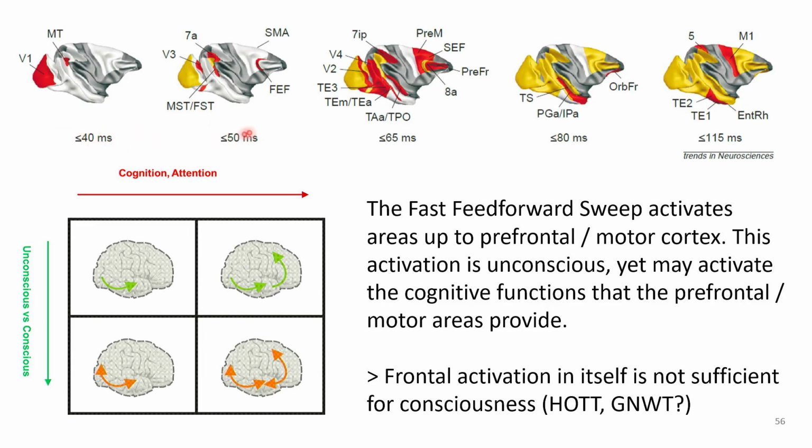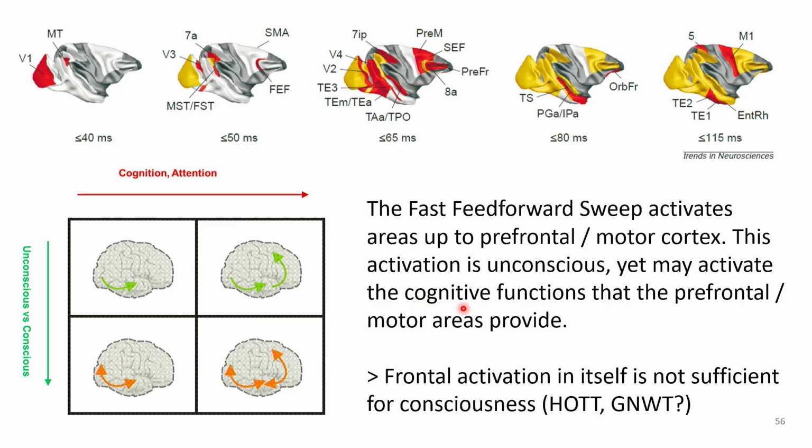The difference between this and this, 10 milliseconds, is only one spike of an action potential of a neuron. So no way this can be done by horizontal or feedback connections. Has to be all feed-forward connections. But this is typically a fully unconscious process, even though it reaches all the way up to prefrontal regions. And may even activate cognitive functions that these prefrontal or motor regions usually provide.